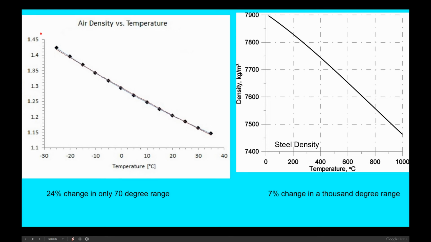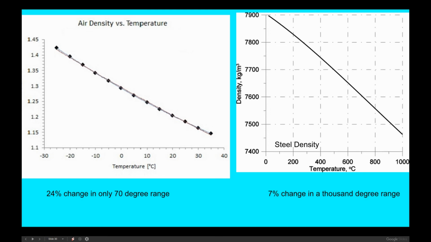This one, that's like literally in a cubic meter, we're talking a couple of handfuls of popcorn are the difference in these two densities. But this one took 1,000 degrees. And a change in density in something like steel, it's already so dense, right, that a change in density is going to be a massive amount of weight. So it turns out this is really only showing a 7% change in that entire range.